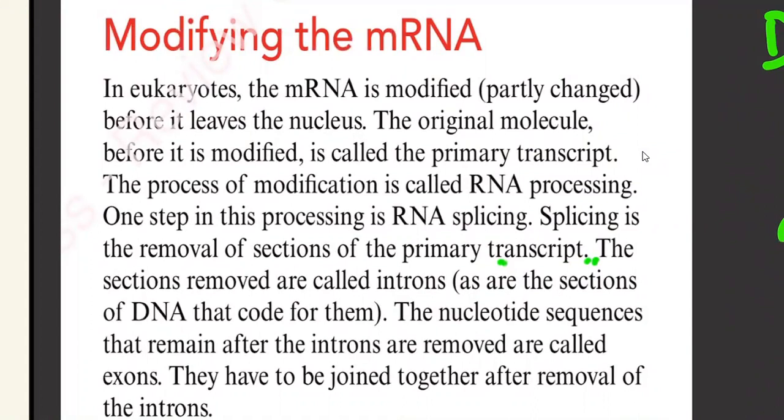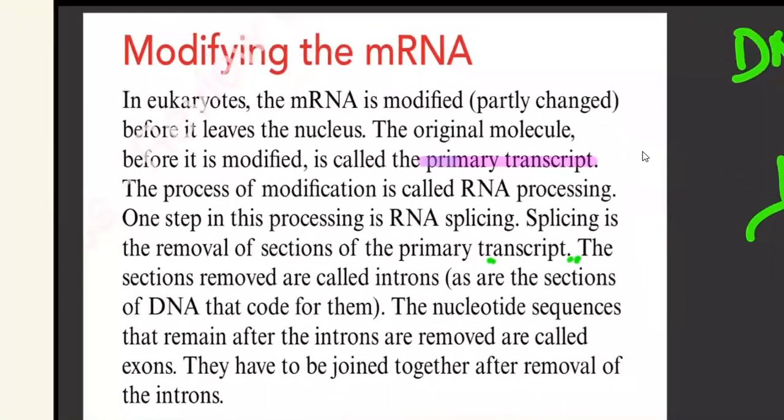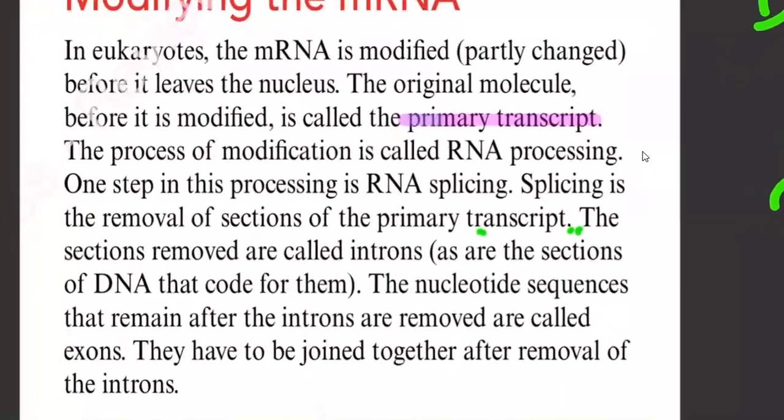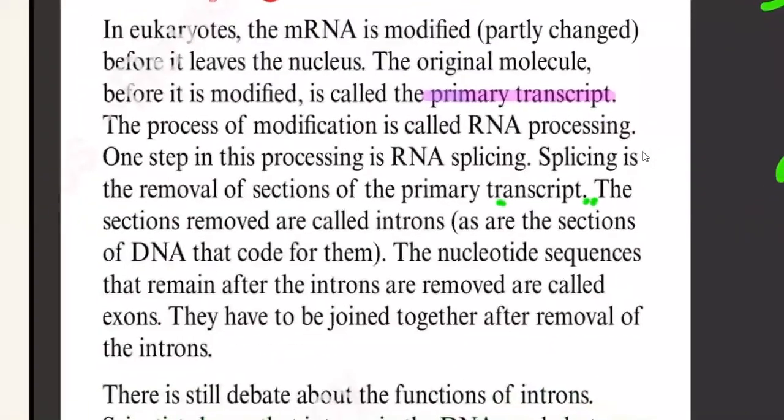Now this is your new syllabus, and your new syllabus wants you to know the terminology of primary transcript. So if you are asked what the primary transcript is, you will say the original mRNA molecule is known as the primary transcript. What is the name given to the process of modification? The name that is given to the process of modification is RNA processing.